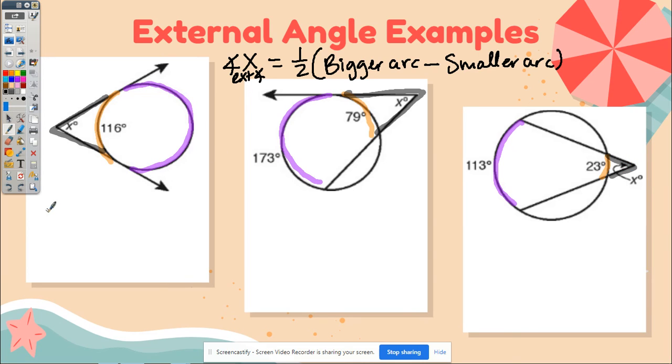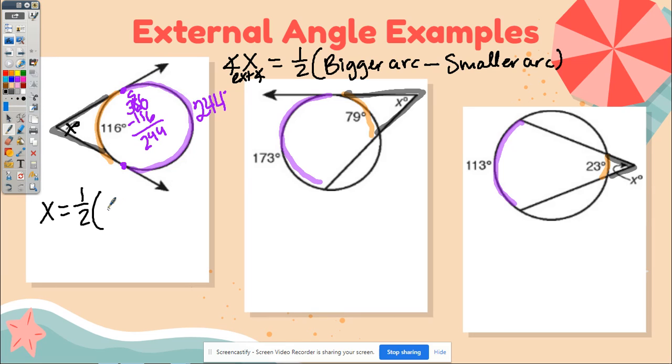So your first one would be that X, your external angle, is equal to 1/2 your bigger arc minus your smaller arc. Notice your bigger arc is empty. To get the purple, you would have to do 360 because the purple matches the orange perfectly to make a circle. Subtract it by 116 to get your answer. When you do that, you will get 244.